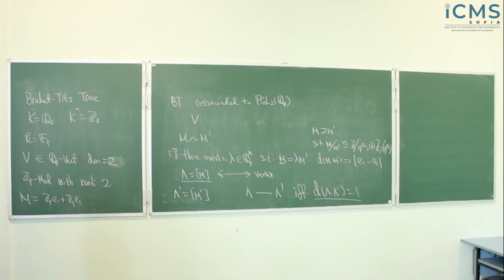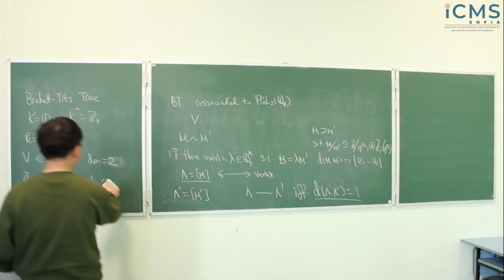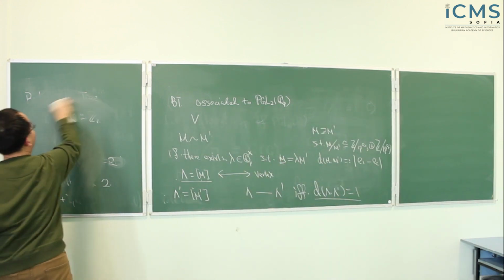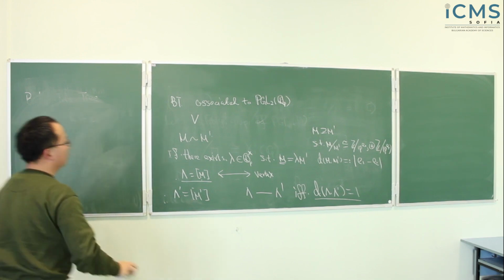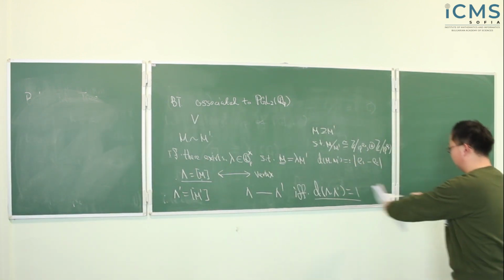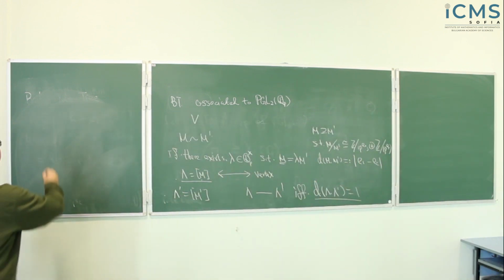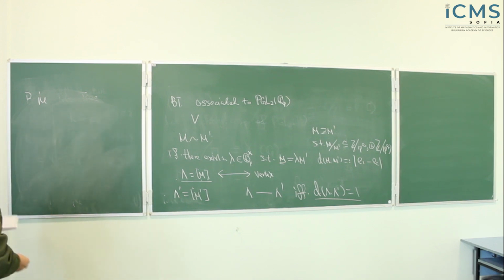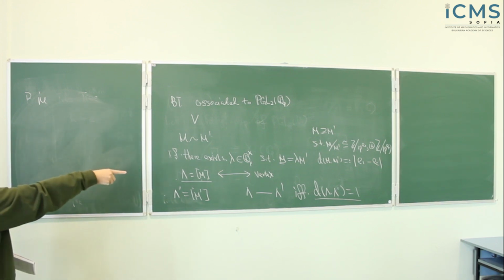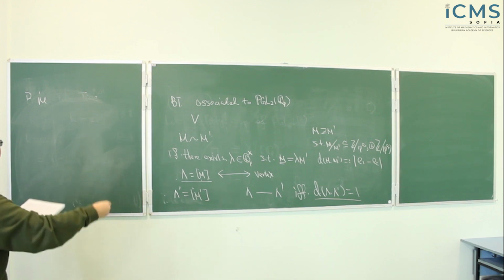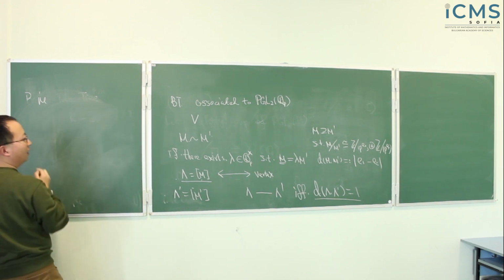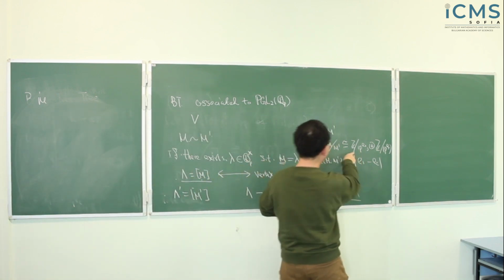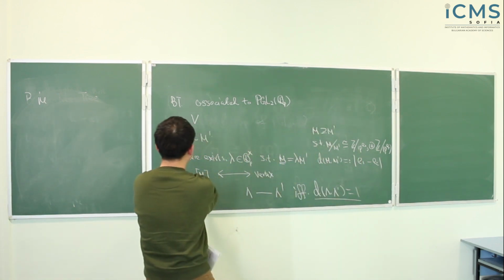Here is another point to explain: if we fix a vertex M, so let's pick a representative lattice class, how many edges will connect to it? By doing some concrete calculation, you will see that this is not dependent on the representative.